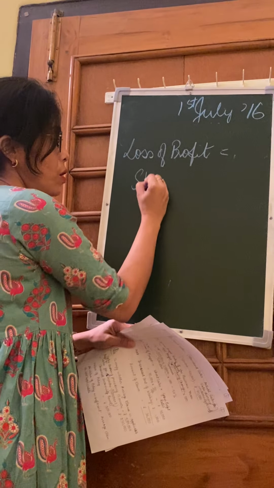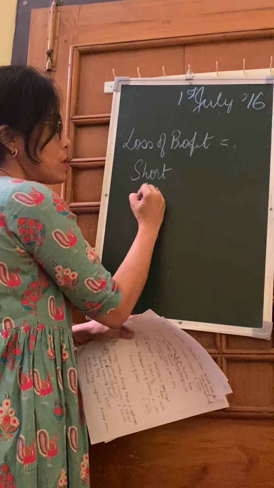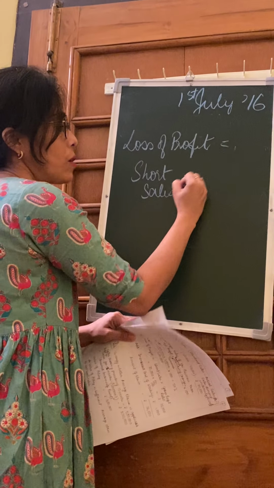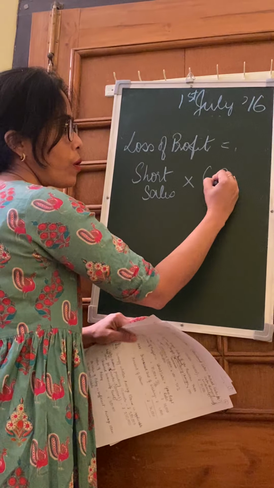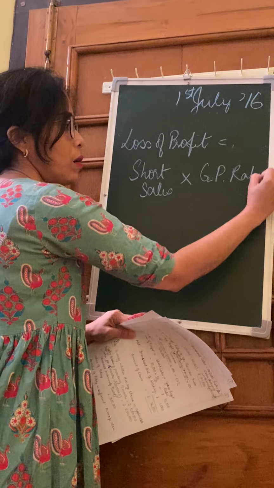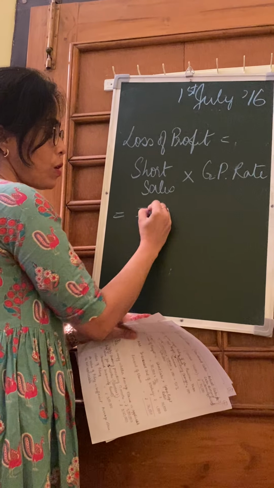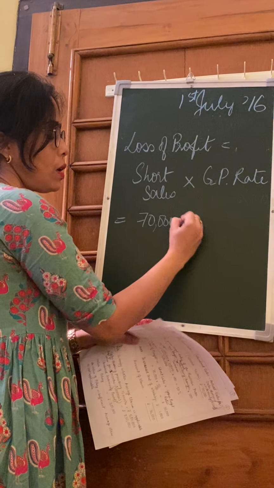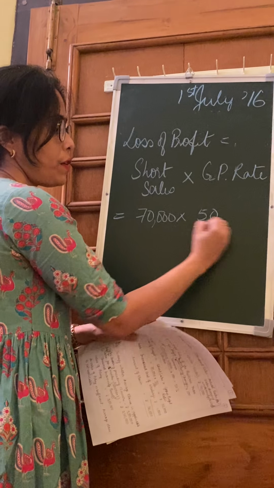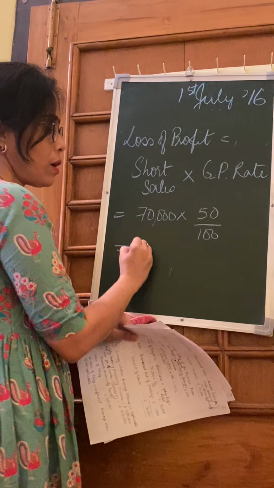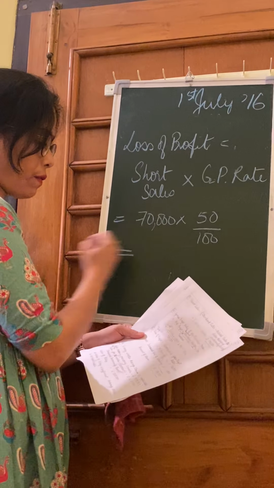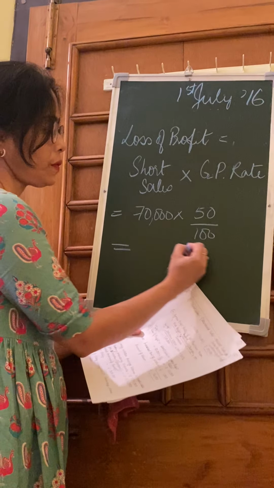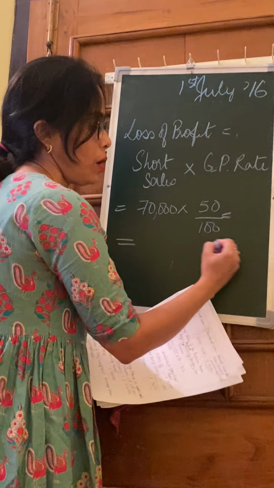It is short sales into gross profit rate. We got short sales of 70,000 into gross profit rate of 50%, that is 50 by 100. So it comes to 35,000.